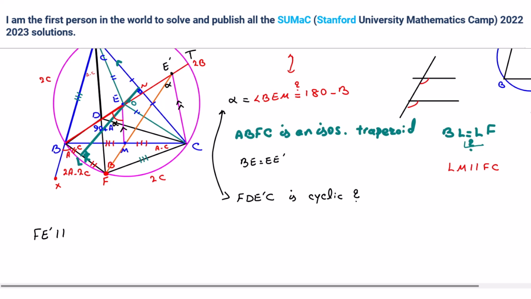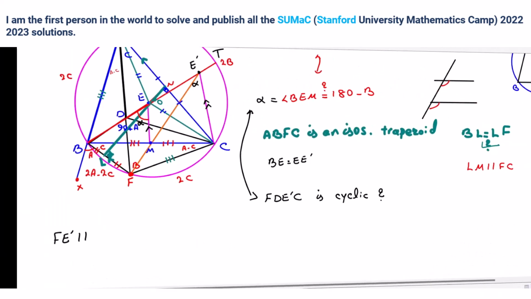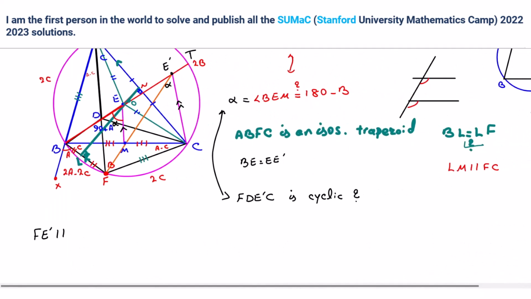FE prime is parallel to LE. Yes, exactly, because it is midpoint and this one also is midpoint, so it's parallel to LD, right?